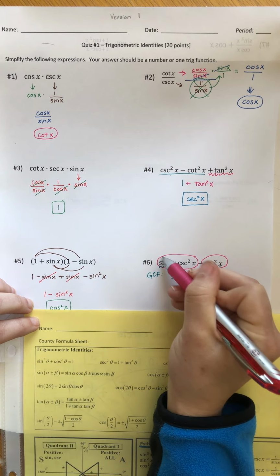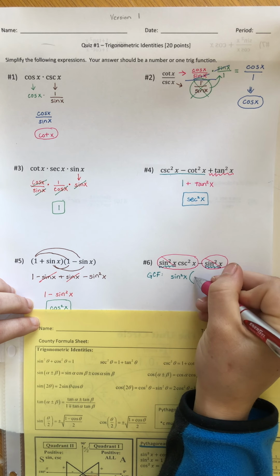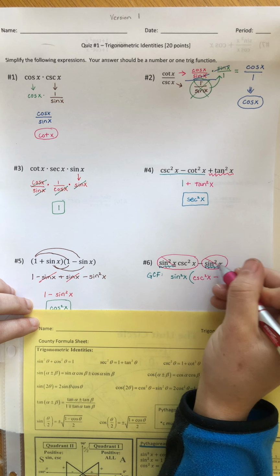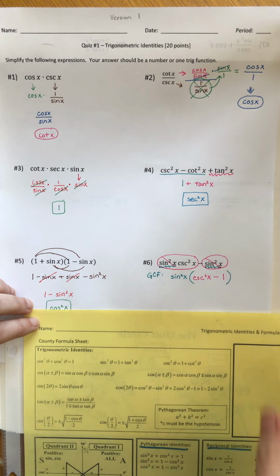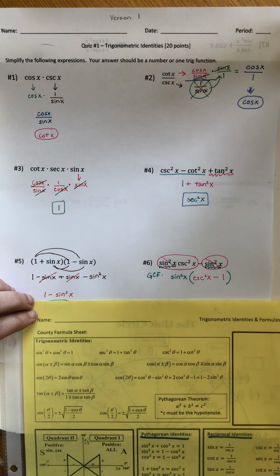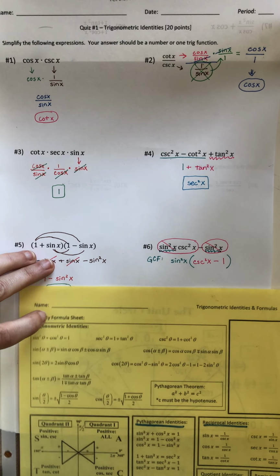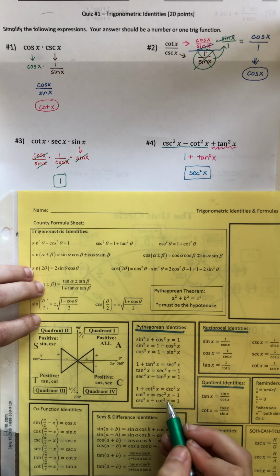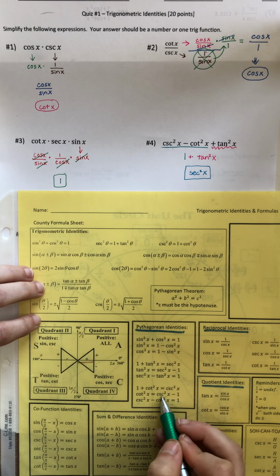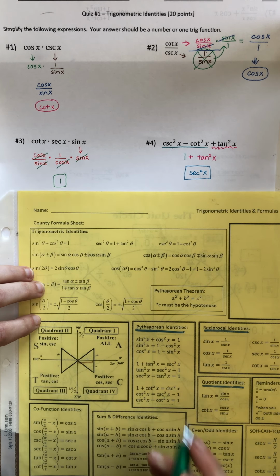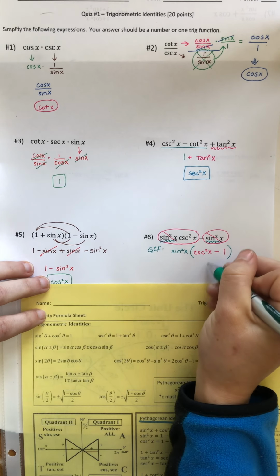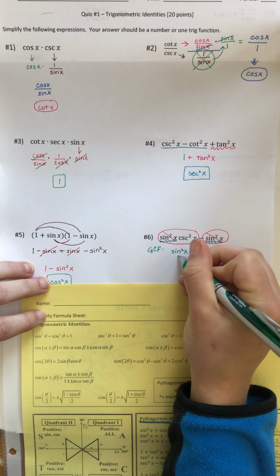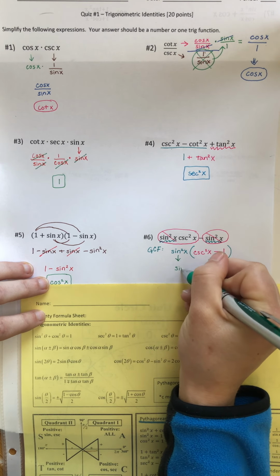Now after I get rid of the sine squared x, I have a cosecant squared x left over, minus, and everything in part 2 there canceled, so you write a 1. Cosecant squared x minus 1 is a Pythagorean identity, and that equals cotangent squared x. And then you'll bring down your sine squared x.